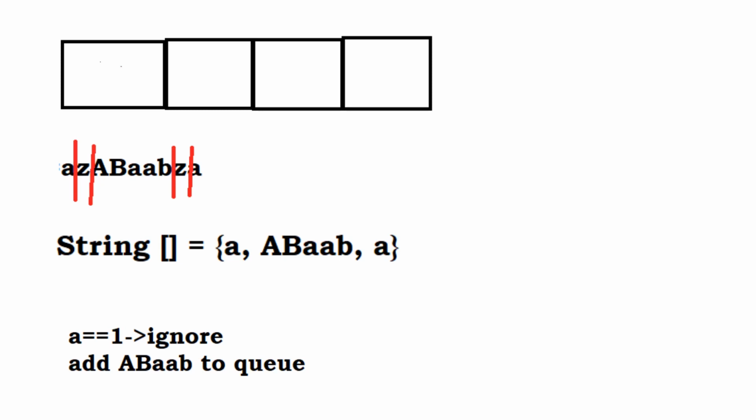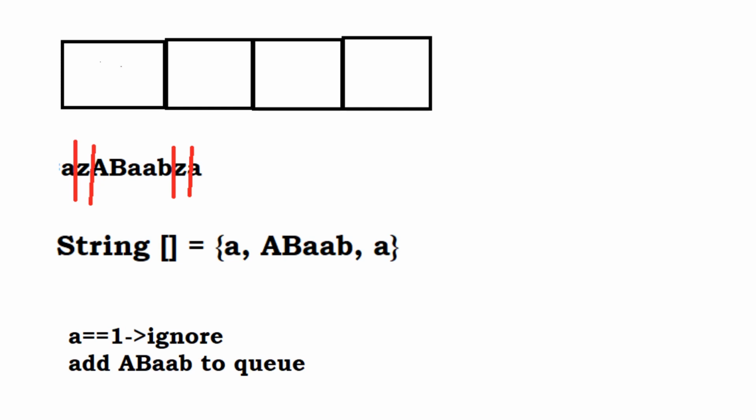We check its length because there should be at least 2 characters in the string to check whether it has the corresponding uppercase and lowercase characters. So if the length of the string in the array is greater than 1, we add it to the queue, and we repeat the process.